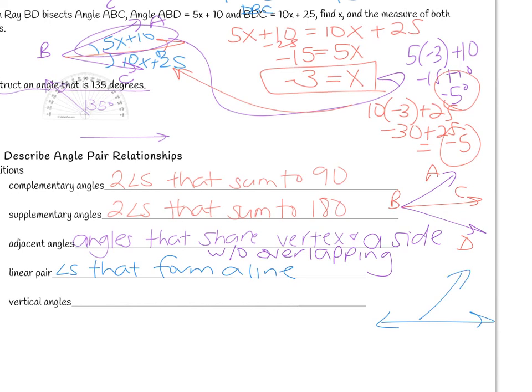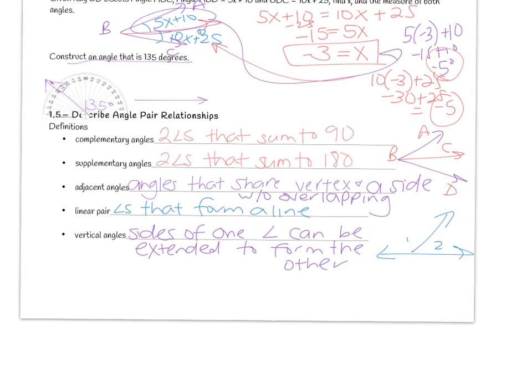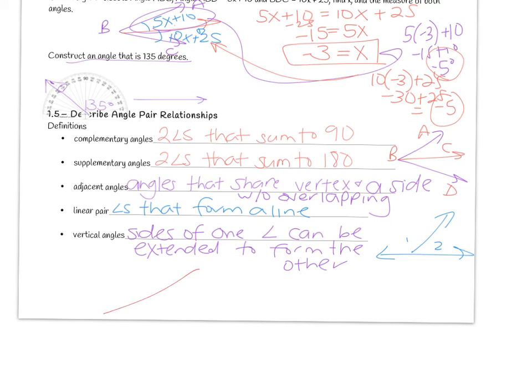So something like this, angle 1 and angle 2 would be a linear pair. And vertical angles, the sides of one can be extended to form the other. So vertical angles would be like angle 1 and angle 2, and then the other two, angle 3 and angle 4, would also be vertical angles.